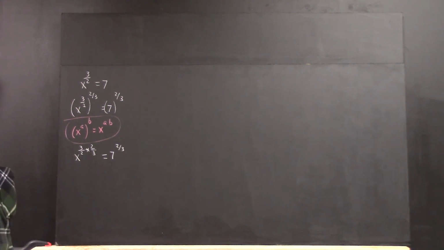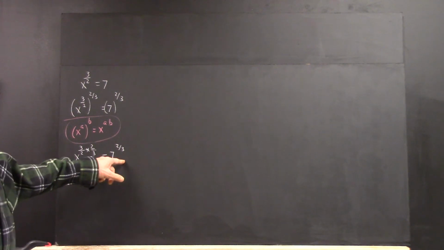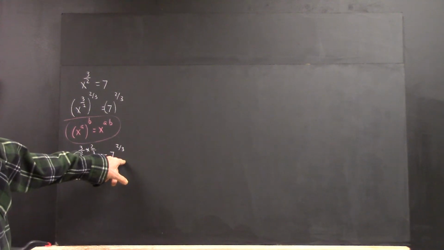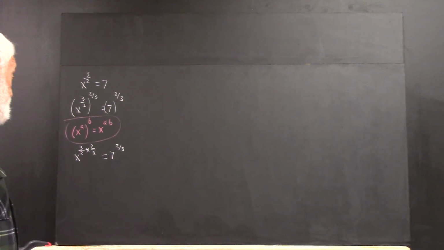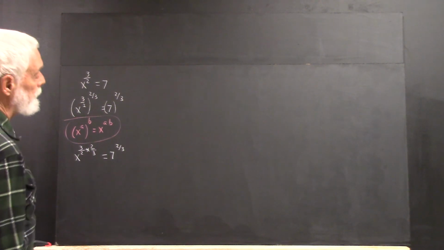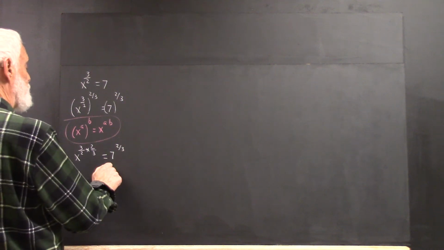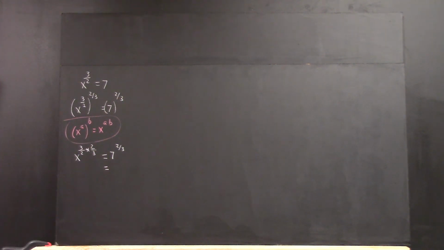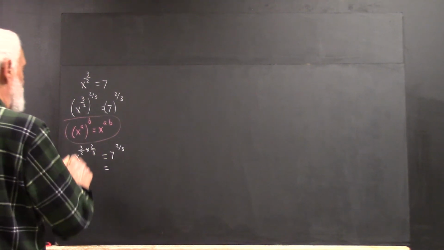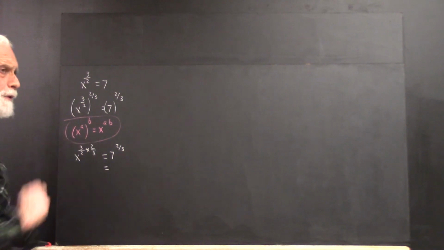Now you're pretty much done, because 7 to the 2/3 is something you can punch into your calculator, or you can estimate it. I'd say 3.7 or 3.8, because I know 8 to the 2/3 is 4. But x to the 2/3 times 3/2, what's 3/2 times 2/3?